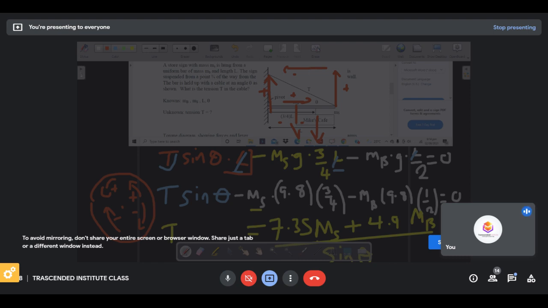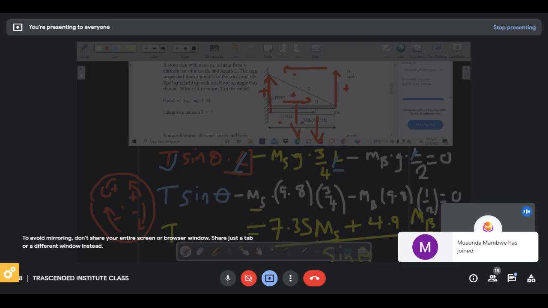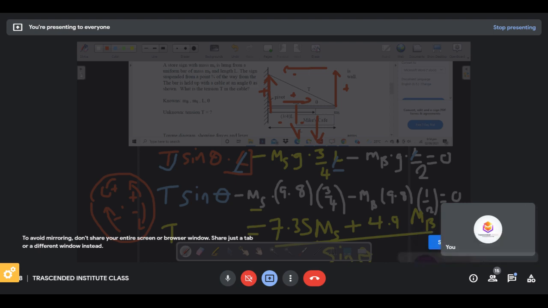So you mean anything that is before the pivot and it is on the left side, it means it is positive? Anything that's what? Anything that is before the pivot and it is on the left side, does it mean it's always supposed to be positive? I don't know what you mean by before the pivot.